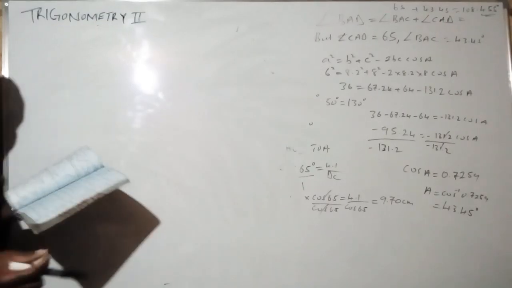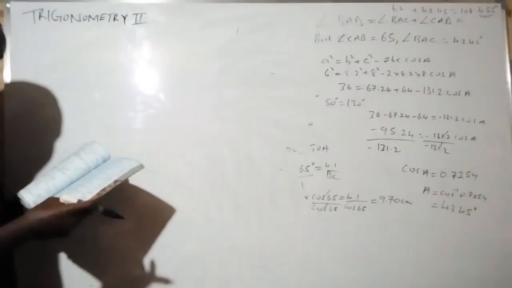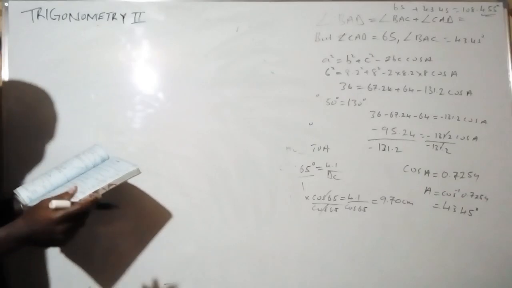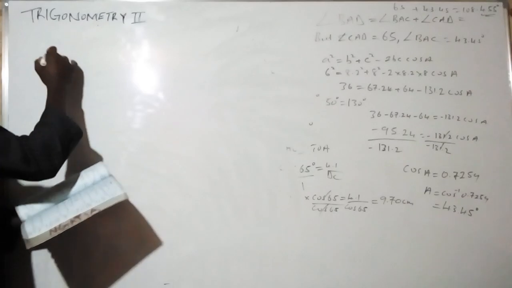The figure below represents a triangular flower garden ABCD. This is how it looks. It's drawn like that.